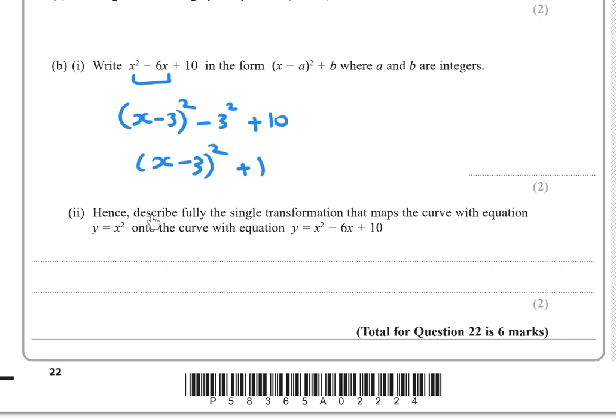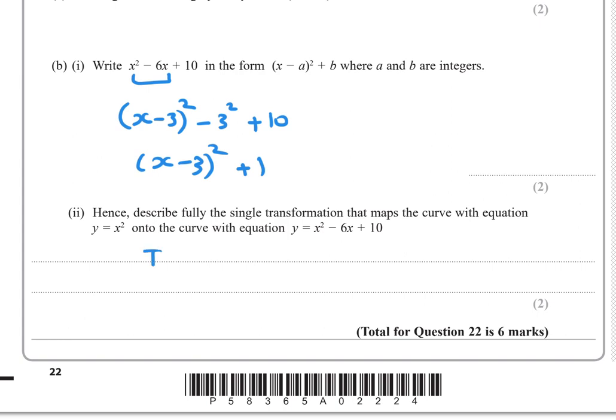B II, hence describe fully the single transformation that maps the curve with the equation y equals x squared into the curve with equation y equals x squared minus 6x plus 10. From y equals x squared to y equals (x minus 3) all squared plus 1, we have a translation 3 units to the right and 1 unit up.